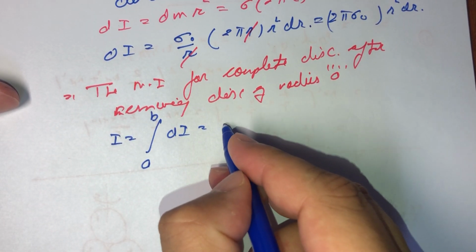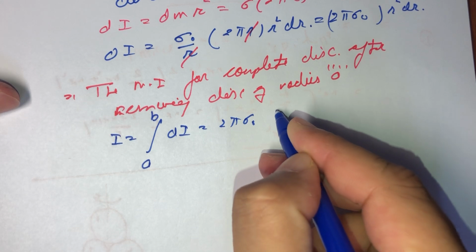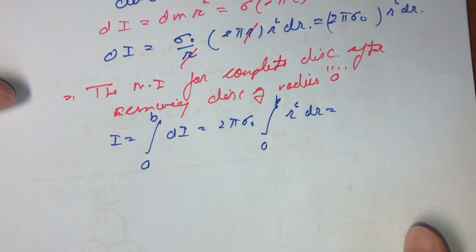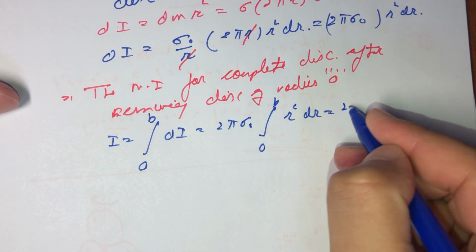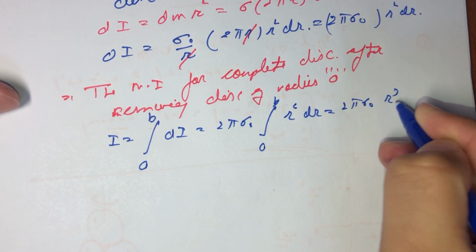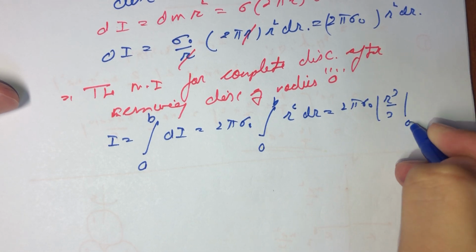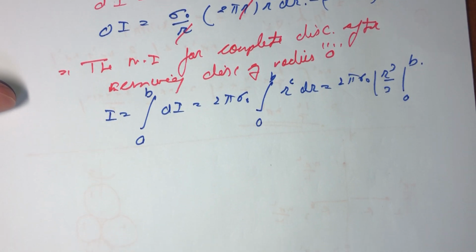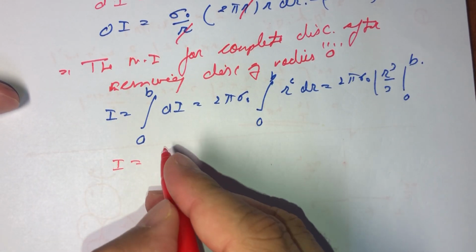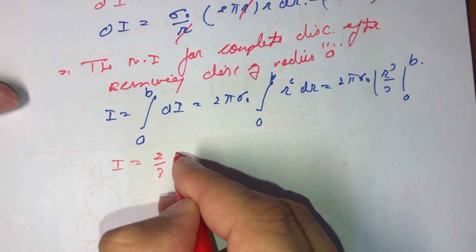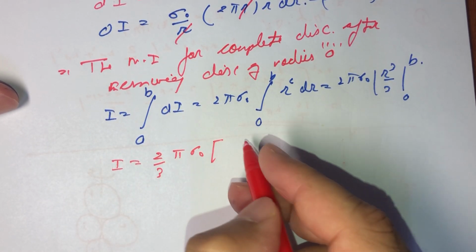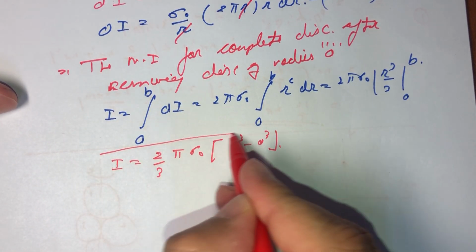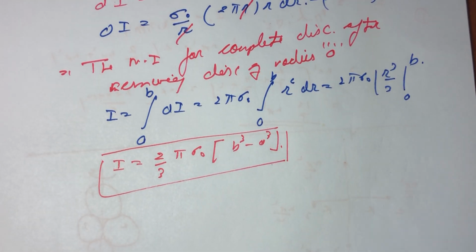So this will be equal to 2 pi sigma naught, which is a constant, times the integral from a to b of r square dr, and we integrate it to get 2 pi sigma naught r cube by 3, from a to b. Therefore I is equal to 2 by 3 pi sigma naught times b cube minus a cube. So this is the moment of inertia.